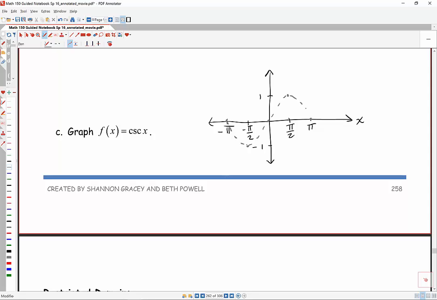And then from here we can get our vertical asymptotes. Our vertical asymptotes will be wherever the reciprocal function, the sine function, crosses the x-axis.